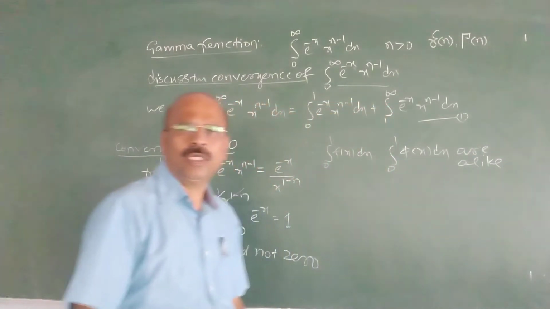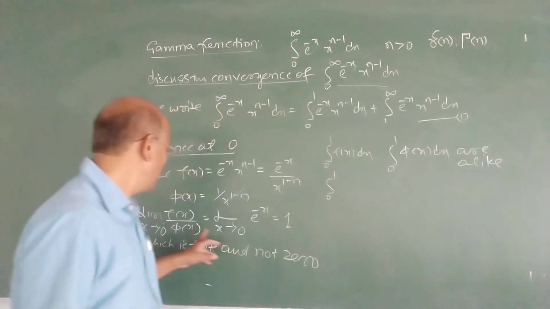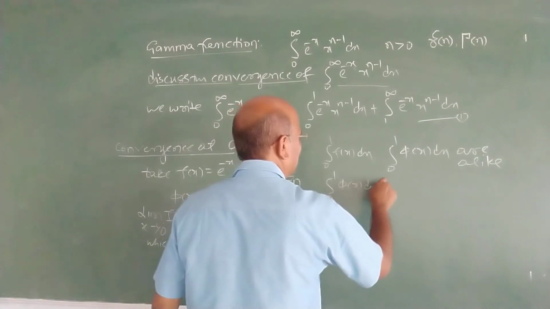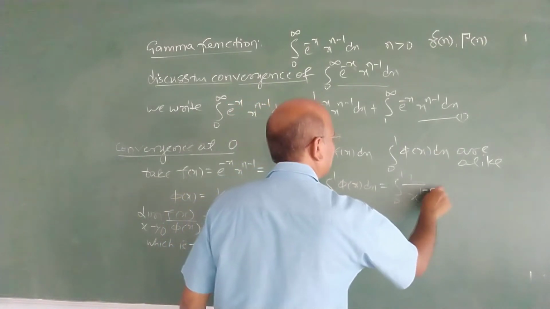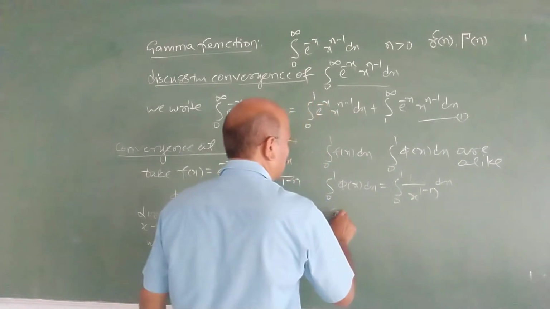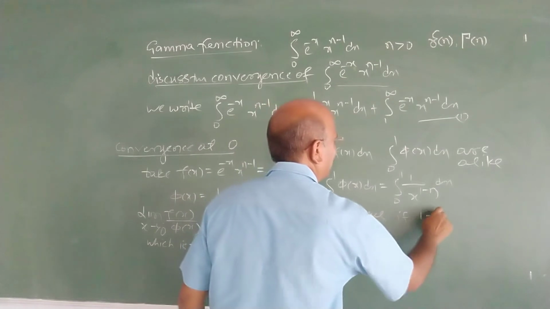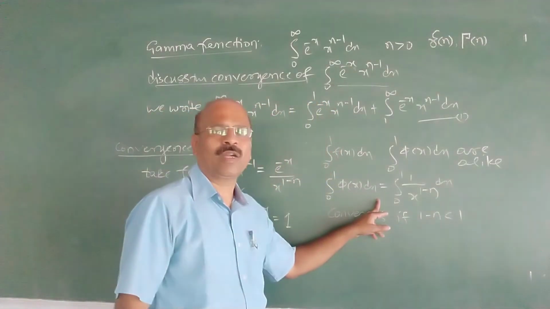Either both converge or both do not converge. But we know the behavior of 0 to 1 phi(x) dx, which is 0 to 1 of 1 upon x raised to 1 minus n. It converges if 1 minus n is less than 1.